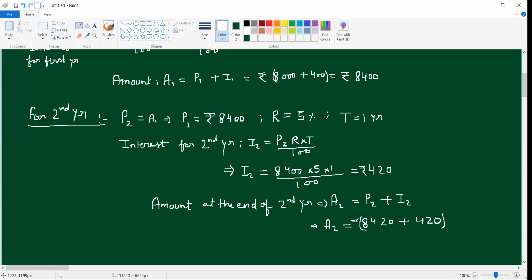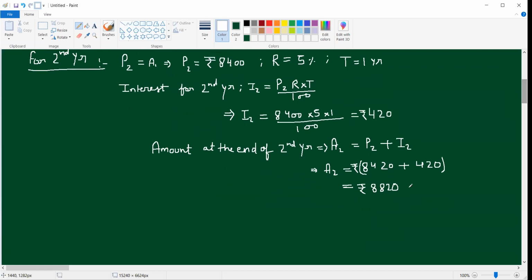So we will have rupees 8,820. Find the amount and the compound interest on rupees 8,000 at 5% per annum for 2 years. This is what they asked. So this is the amount we receive at the end of the second year.